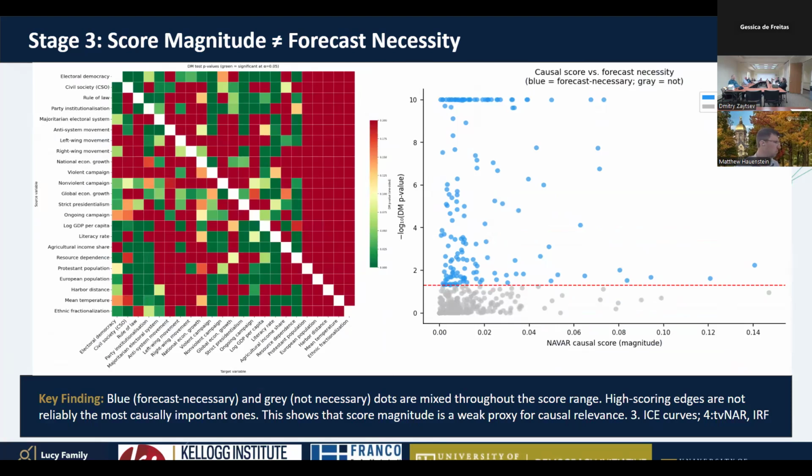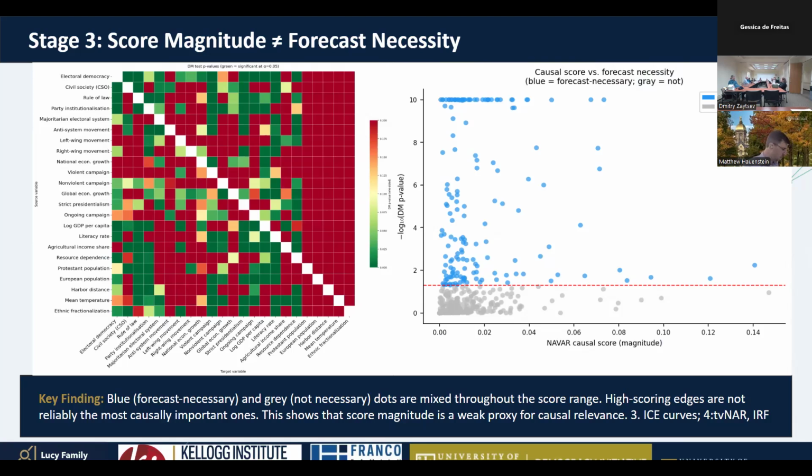This is another kind of statistic to evaluate what's going on in the model. What we looked at before were the magnitudes of the coefficients, the traditional ways that we look at regression models and structural equation models, looking at the size of the coefficients and whether they're significant or not. But this is a different statistic, which is forecast necessity.